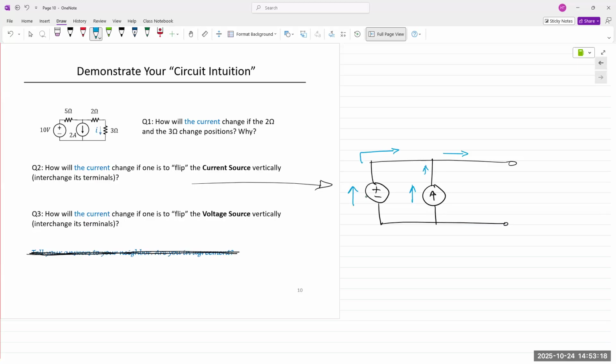The current will actually increase because the voltage source and the current source are both acting in the same direction. So the answer to question number 2 is that if the current source was flipped, the output current I would increase in value because both currents are coming in the same direction. So now there's more of it to go in the last branch.